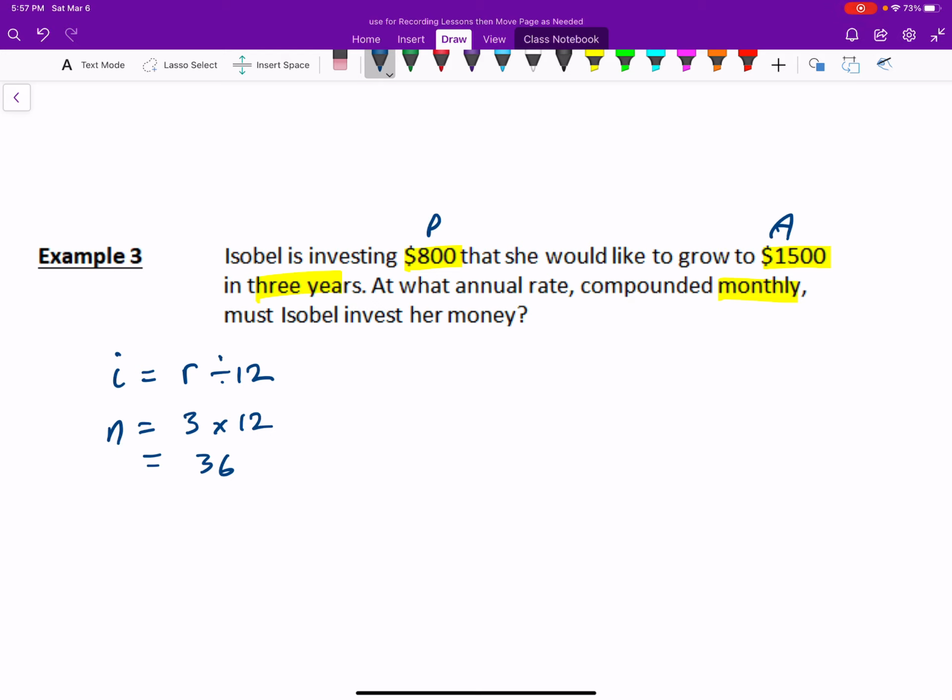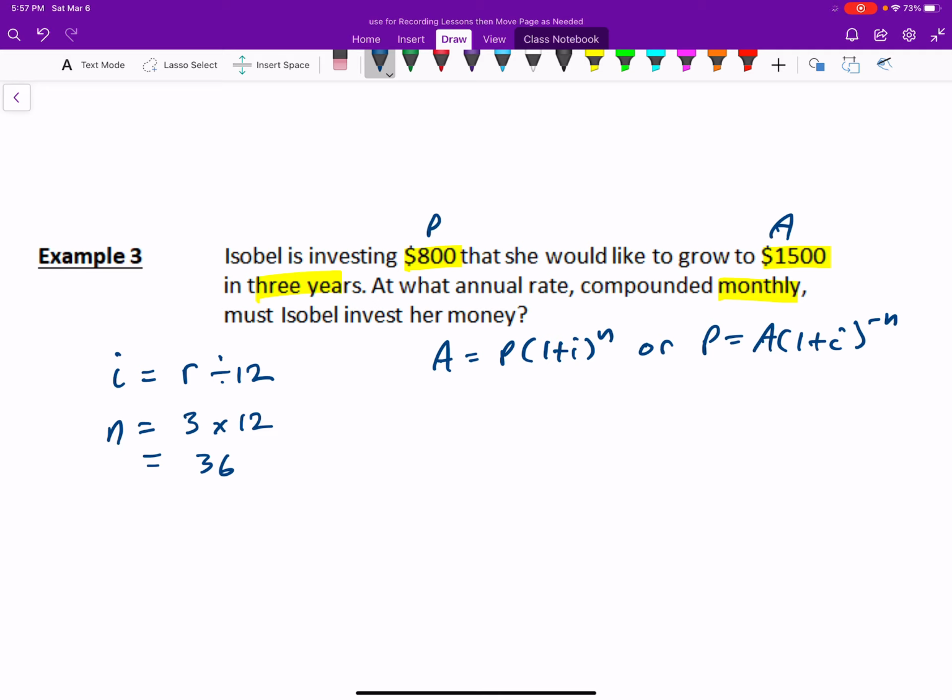I can use either formula for this. I could use A equals P times 1 plus I to the N, or I could use P equals A times 1 plus I to the negative N, because in both cases, I know A and P and N, they're really the same formula rearranged, so it doesn't matter.